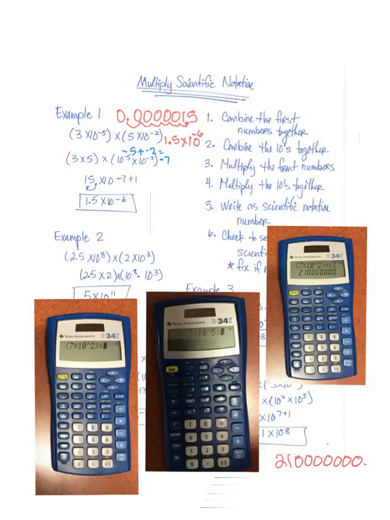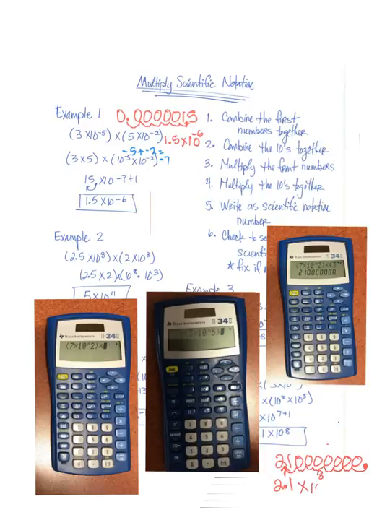Our decimal place is at the end. We want to make it a scientific notation number, so it has to be 2.1 because the front number has to be a number between 1 and 9.999, right? So let's move that decimal over. So we have 1, 2, 3, 4, 5, 6, 7, 8.